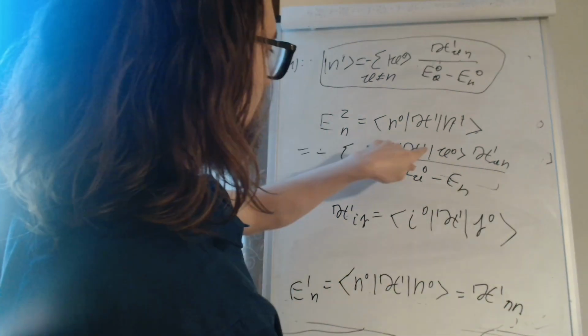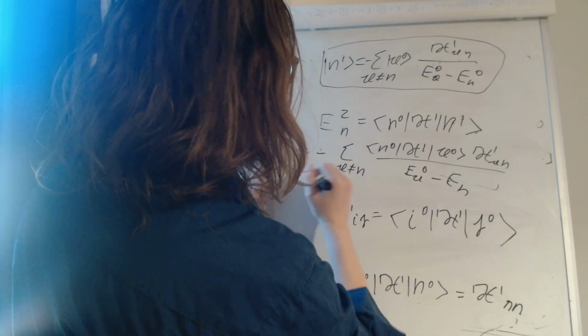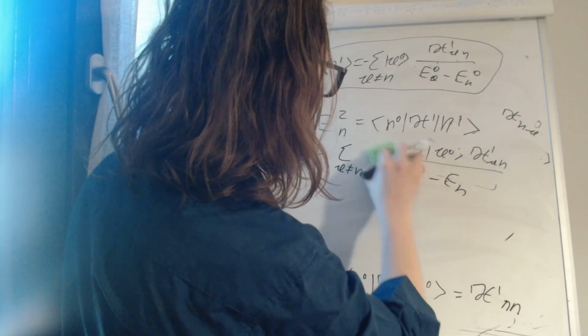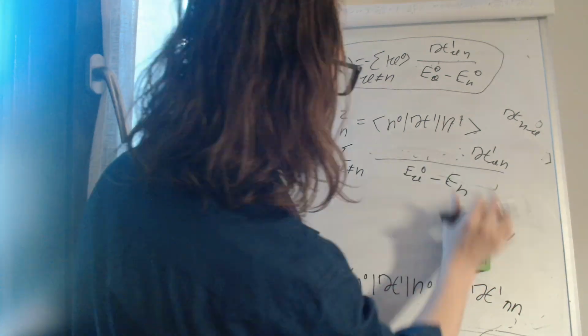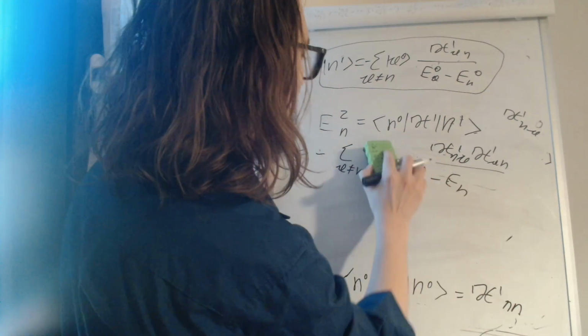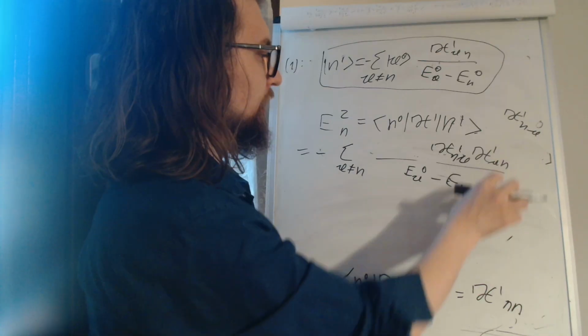Now you see that with this notation this is h1 nk. So here we have h1 nk times h1 kn.